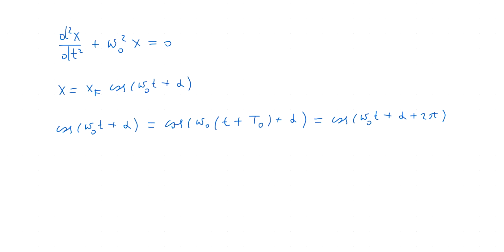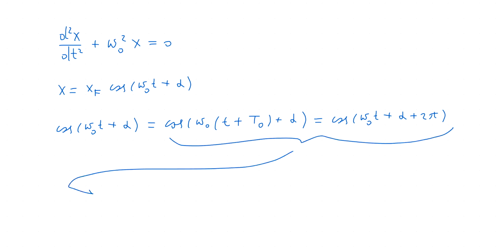From here we will obtain that omega 0 (t plus t0) plus alpha is equal to this value.